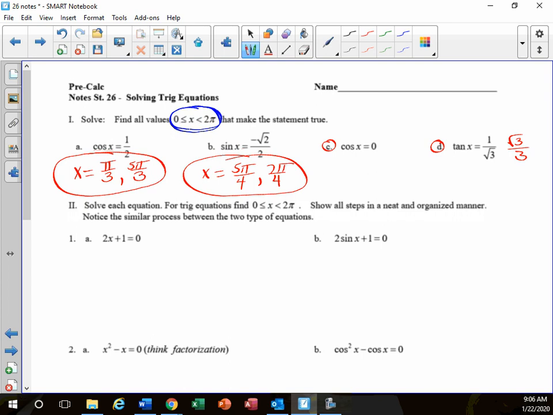Talk to someone around you, see if you agree. Do you remember your tangent shortcuts on the last one?